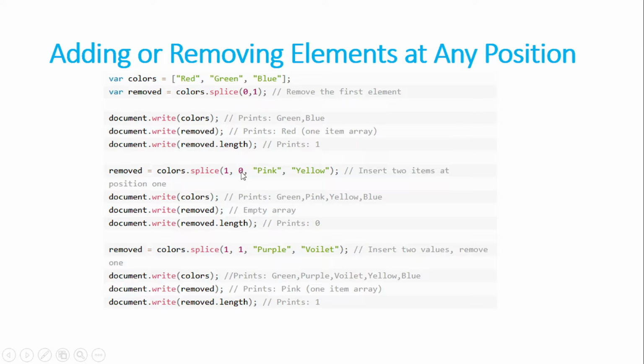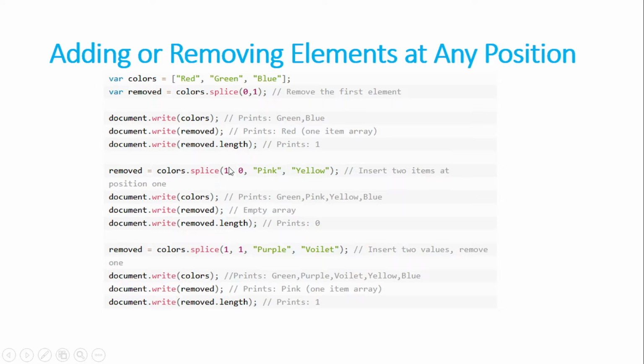If you want to delete elements, you will specify the number of elements that you want to remove from that specific index. Otherwise you will add 0 here, and then you'll specify the items that you want to add.